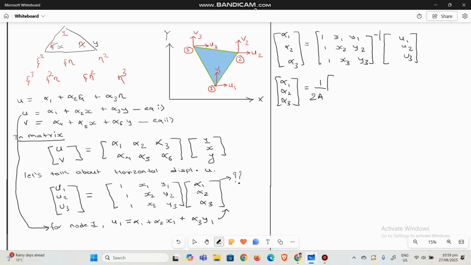x2 y3 minus x3 y2, then here y2 minus y3, here x3 minus x2, x3 y1 minus x1 y3, here y3 minus y1, here x1 minus x3, here x1 y2 minus x2 y1, here y1 minus y2, here x2 minus x1.